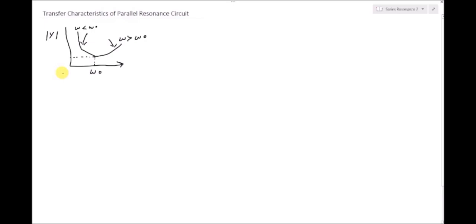So what we found in the analysis is that at omega naught the admittance was purely conductance. Conductance is actually the inverse of resistance, and we found out that at the resonant frequency the admittance of the circuit becomes conductance.